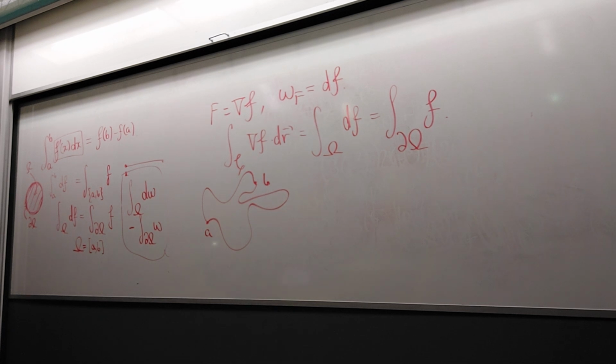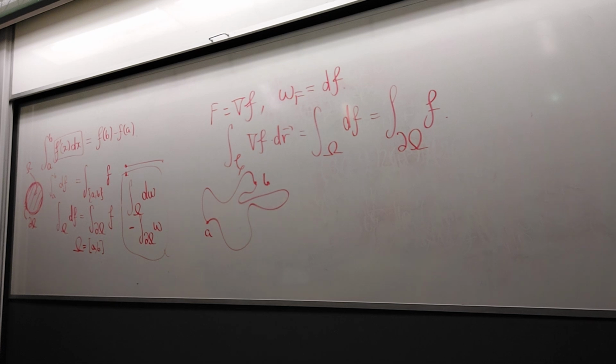Okay, it's 9:47. I've got a couple more minutes. I'm going to say that a line integral is path independent if this is true. If it doesn't matter which path you take, and I will say that a vector field has the path independence property if the following is true.